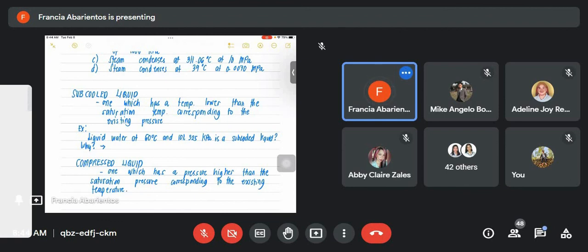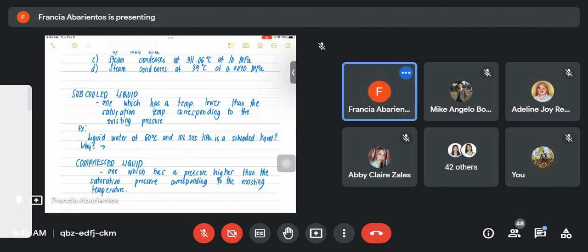When we say corresponding, existing pressure, so let's go to the existing pressure, the 101.325. Can you find the 101.325 in the saturation pressure table? Here, class, go to page 9. Why page 9? Here it is, 0.100.